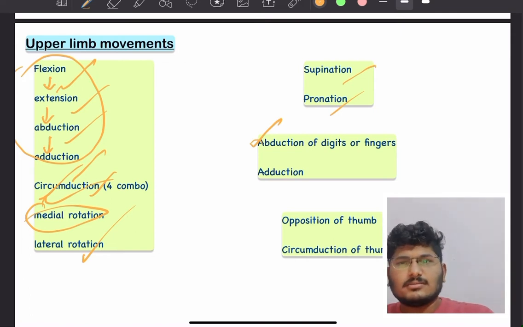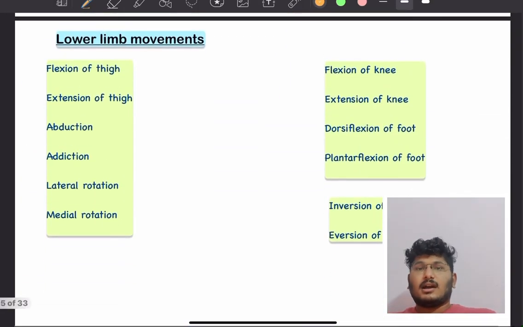You can define flexion of the thigh. Flexion of the thigh is when the angle between the articular surfaces of the hip is decreasing.